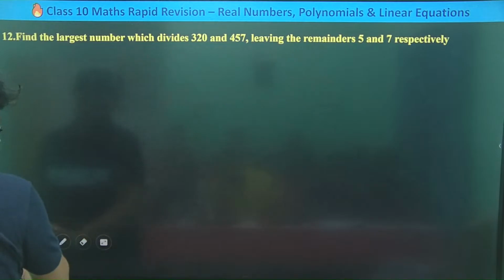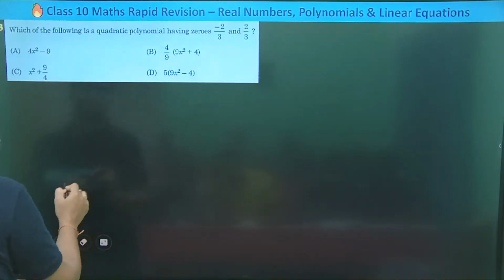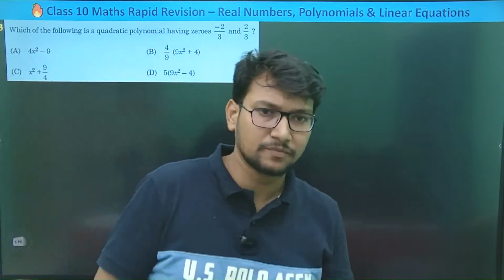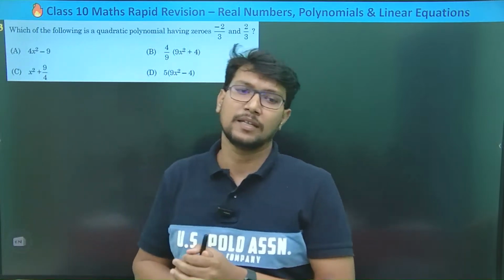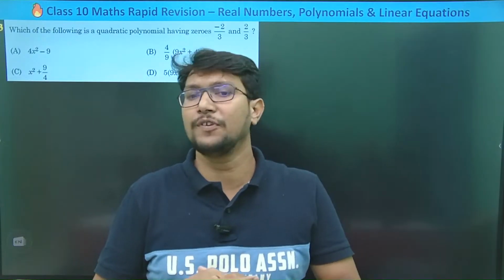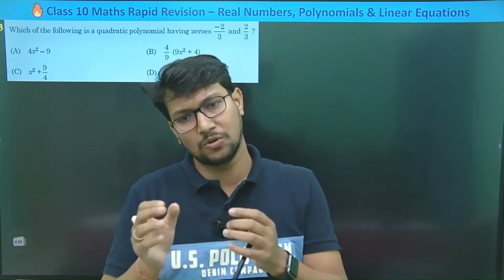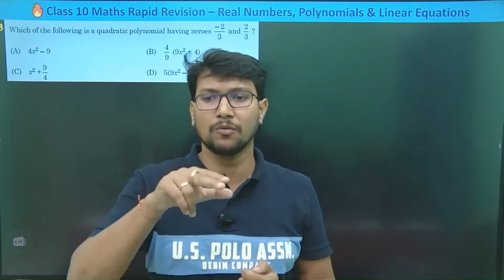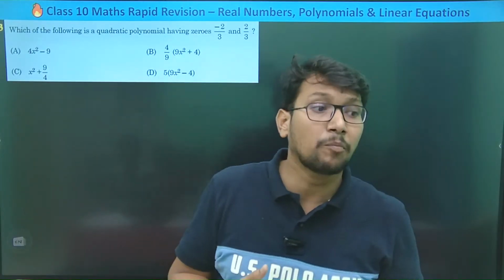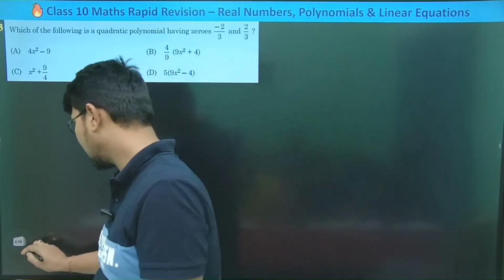Now, do you know what concepts are there in the polynomial chapter? The relation between coefficients and zeros, that is the only concept, and the other is how to write a polynomial if the zeros are given.